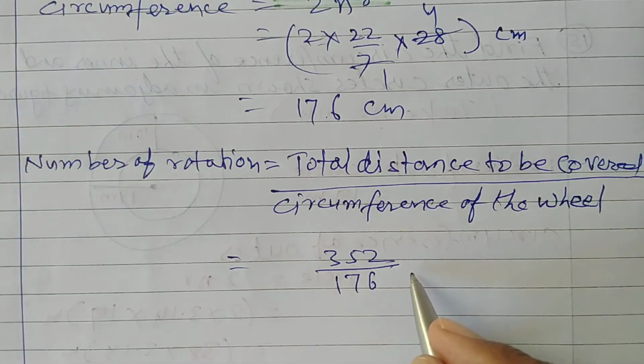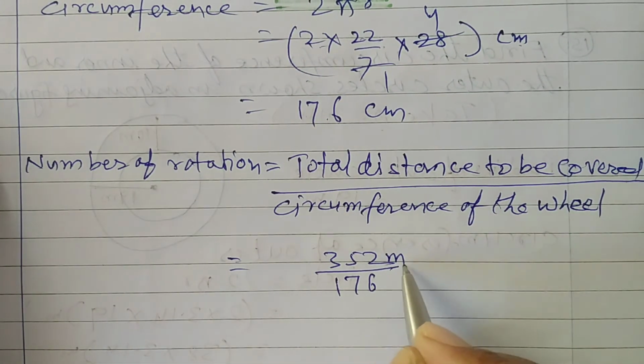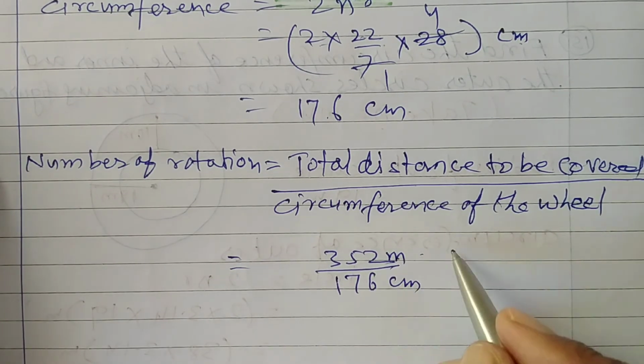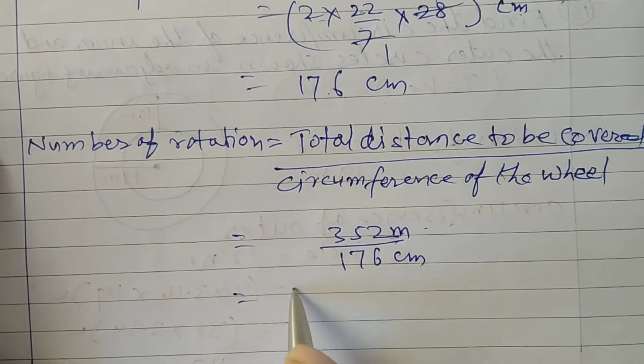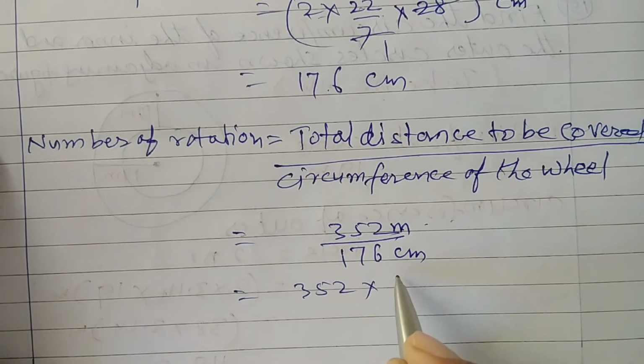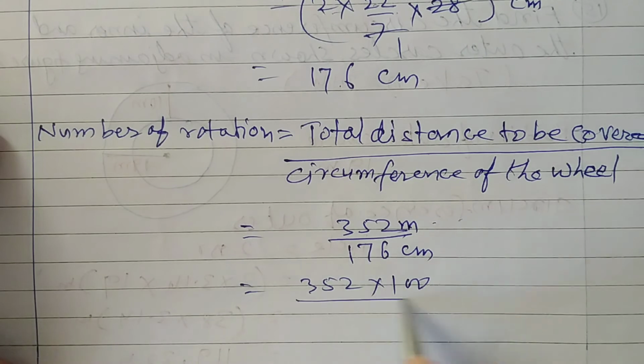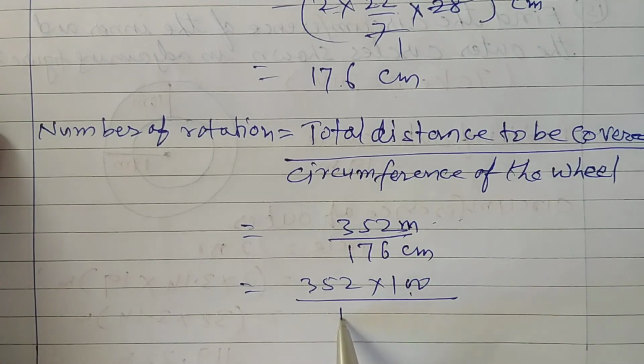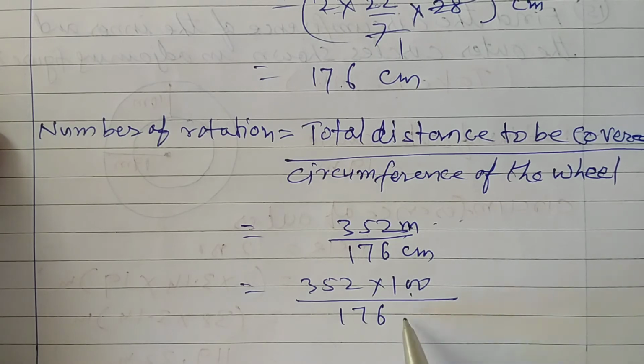So now we will count. No, this is given in meter and this is given in centimeter. So first we convert meter to centimeter. So 352 into 1 meter is equal to 100 centimeter, by 176 centimeter.